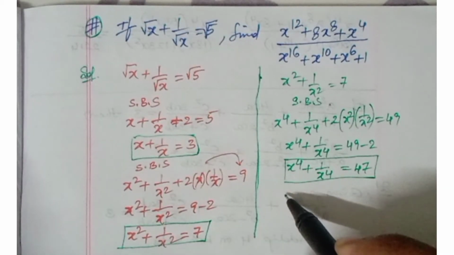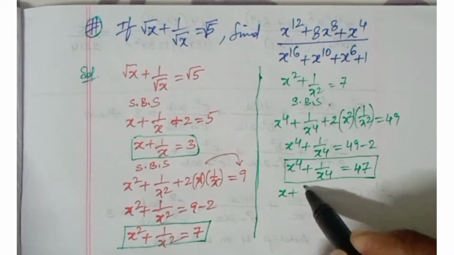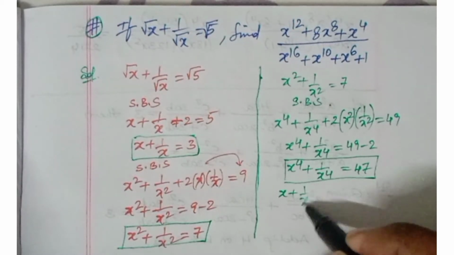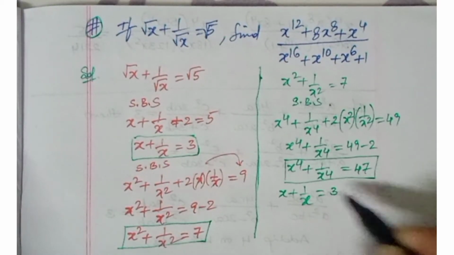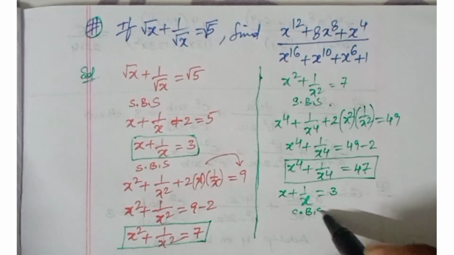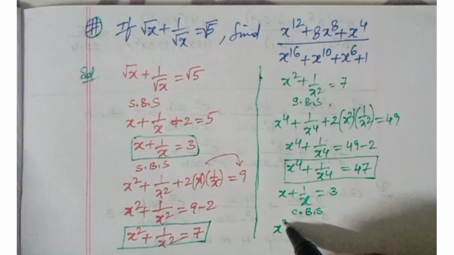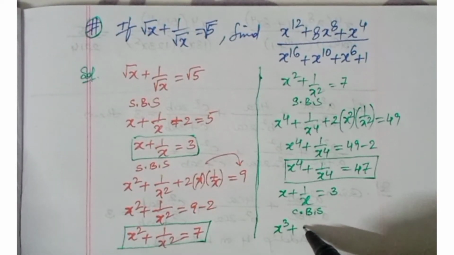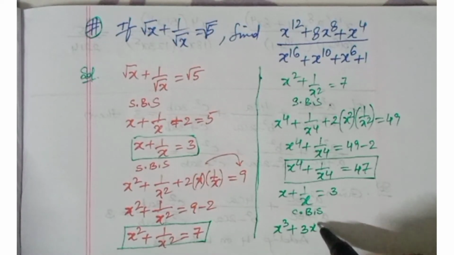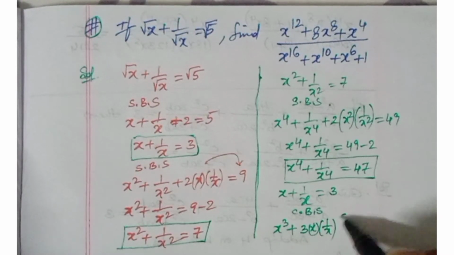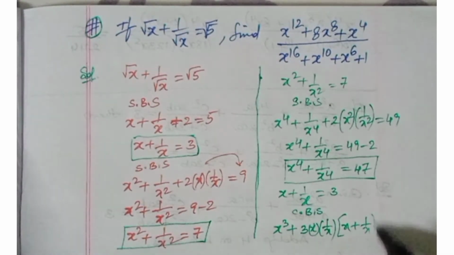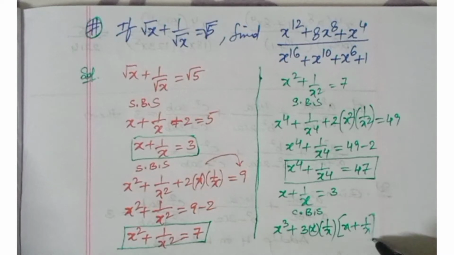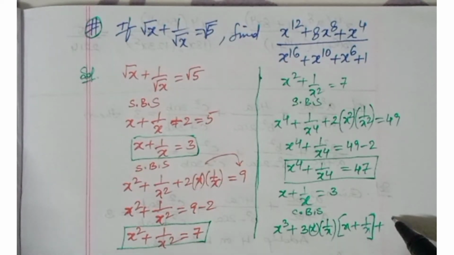Now here I am cubing on both sides. x plus 1 by x is equal to 3. Cubing on both sides: x cube plus 3 a into b of a plus b, plus 1 by x cube is equal to 27, 3 cube is 27.